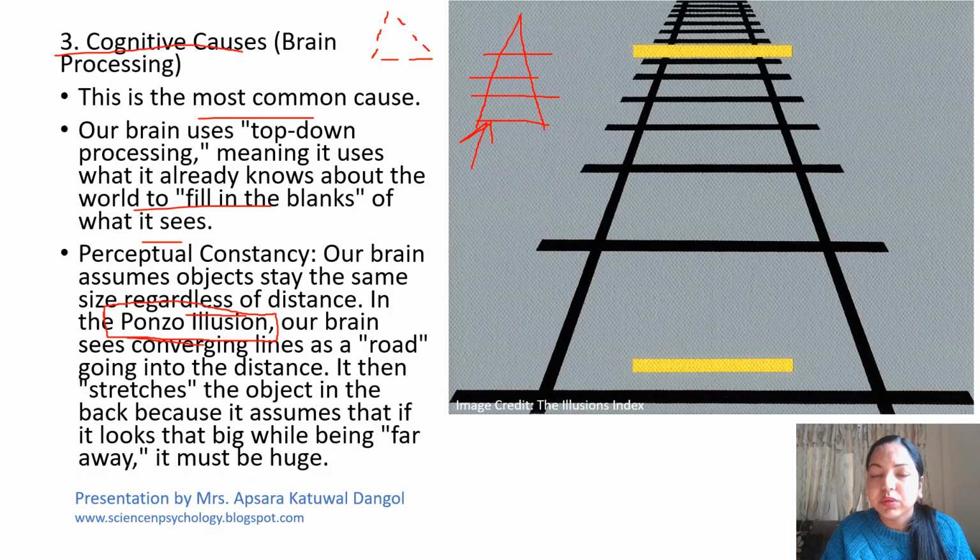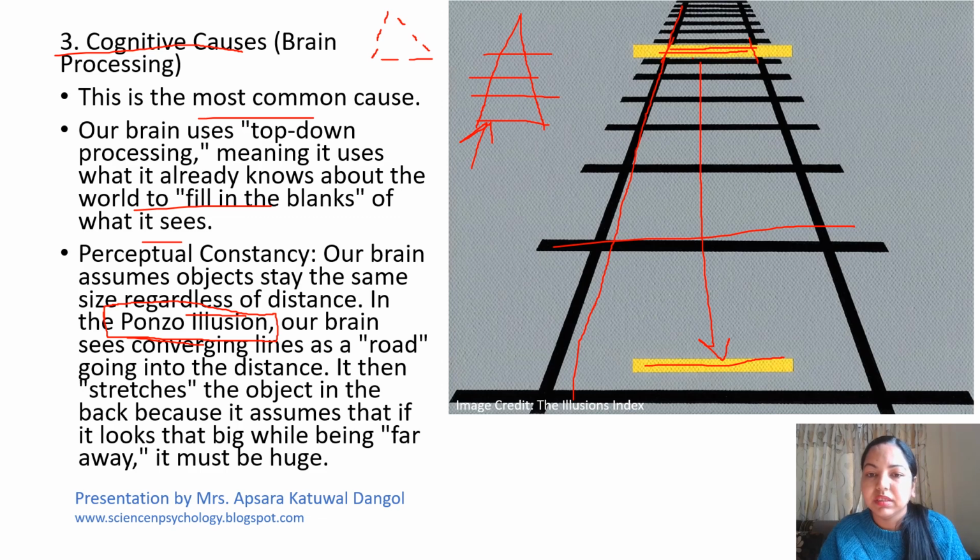But if we talk about the length, this vertical and this horizontal, both lines are equal. But if we try to measure the railway track line and this horizontal line, it feels like this one is smaller and this one is bigger.